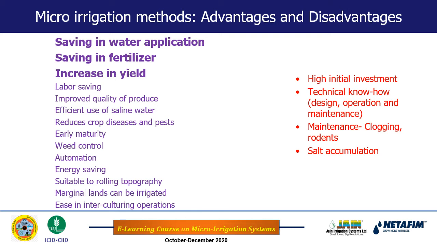At the same time, we bring water from the source up to the field through a network of pipes, so there are no conveyance losses in the drip irrigation method. Normally in surface irrigation, we bring water from the source to the field through a network of channels, or maybe pipes as well.